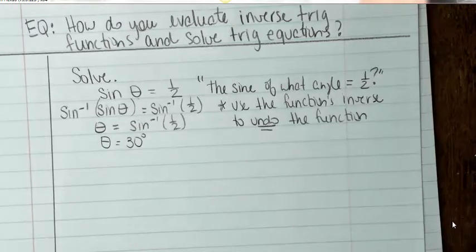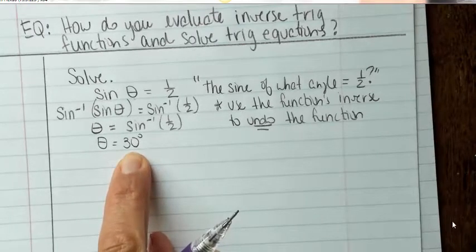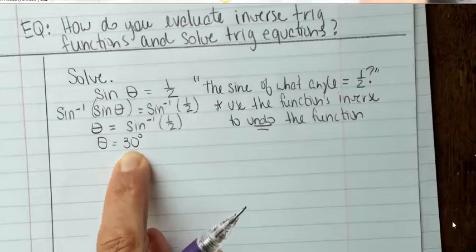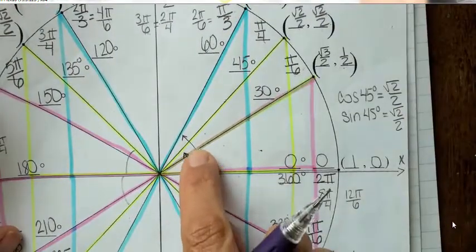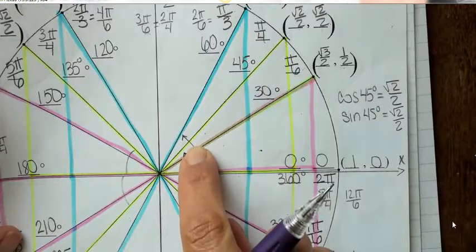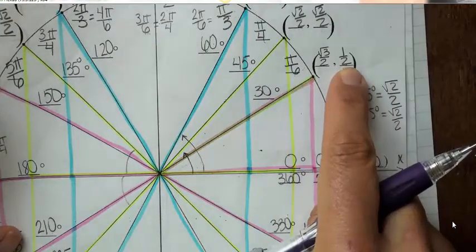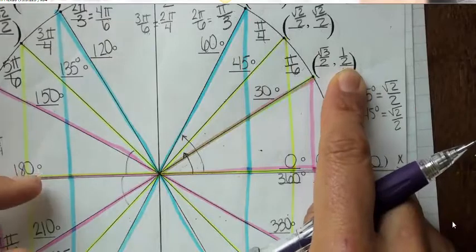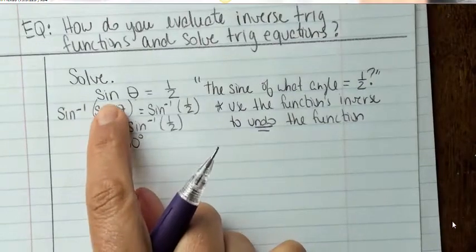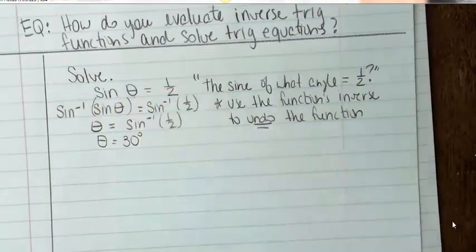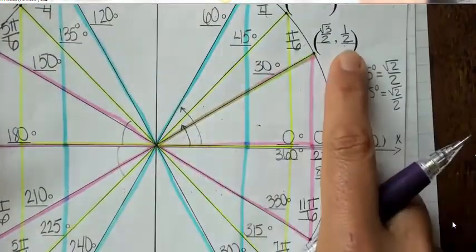First of all, 30 degrees was the angle of which the sine is 1/2. On your unit circle, you have your 30-degree angle here, of which the sine is 1/2. So maybe another way to have done this is to know your unit circle and say, well, the sine of what angle equals 1/2? The sine of 30 degrees would give me 1/2.